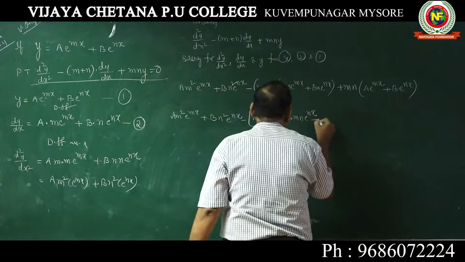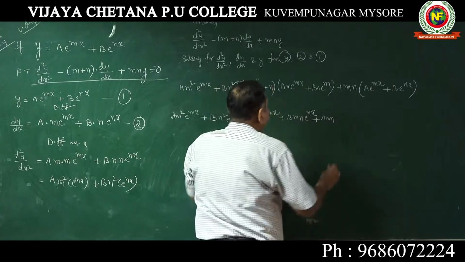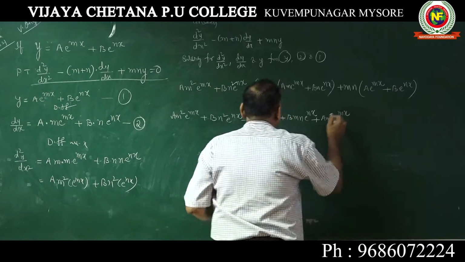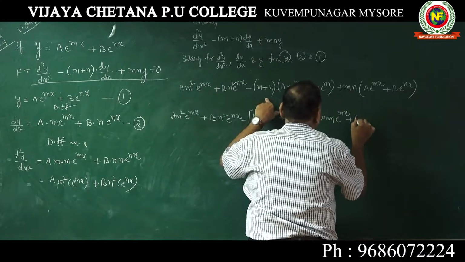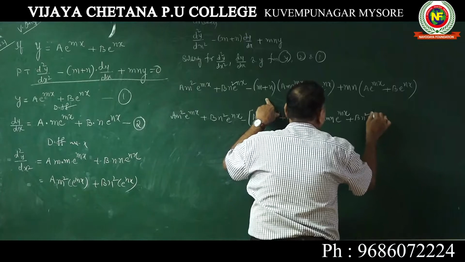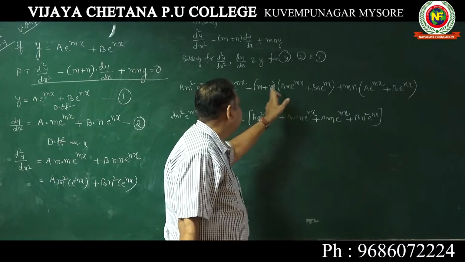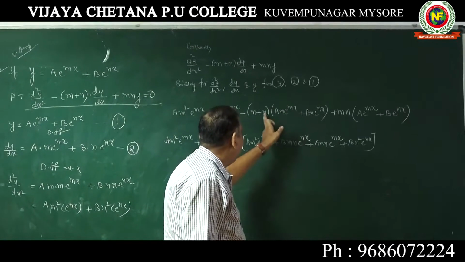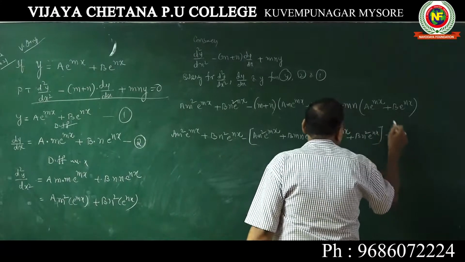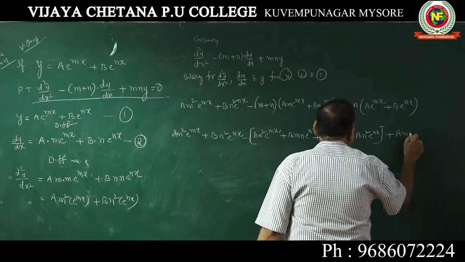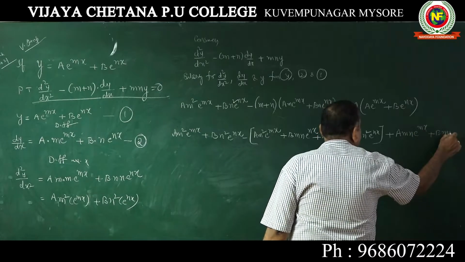Now multiply by n: plus a mn e to the power of mx, then plus b n square e to the power of nx. Close the bracket. Now multiply mn also: a mn e to the power of mx plus b mn e to the power of nx.